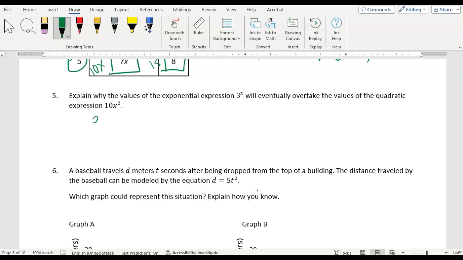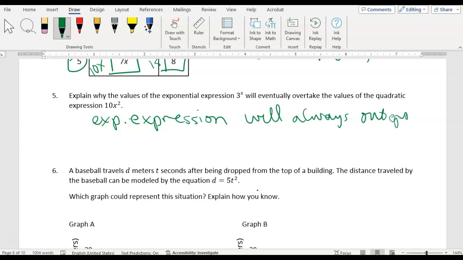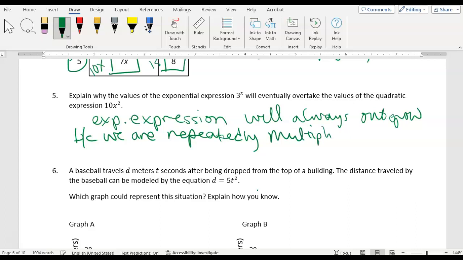And this is again because exponential expressions will always outgrow because we are repeatedly multiplying by the same factor of, in this case, 3.